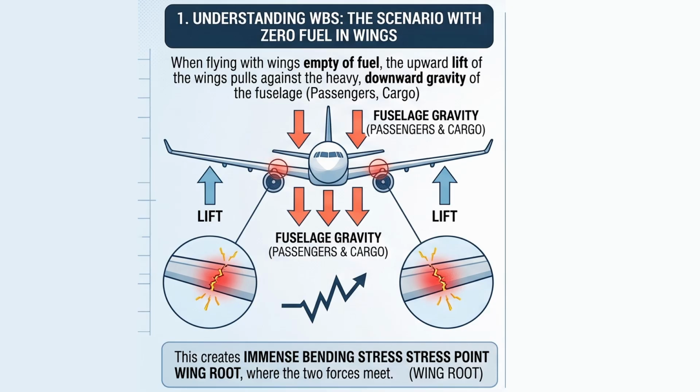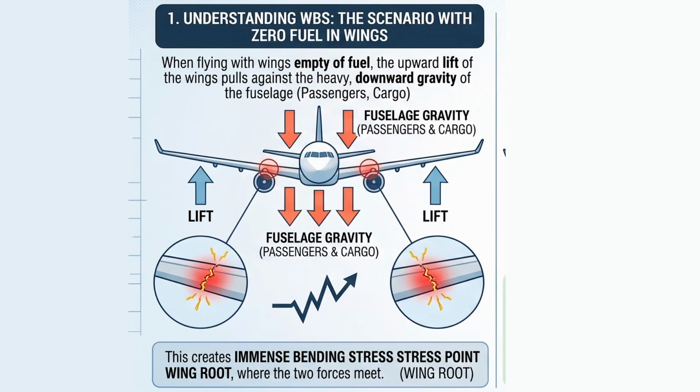This creates an immense amount of structural stress right where the wing connects to the body, the wing root. If the fuselage is severely overloaded and you hit a patch of unexpected rough turbulence, that violent upward snap of the wings could easily cause structural failure.